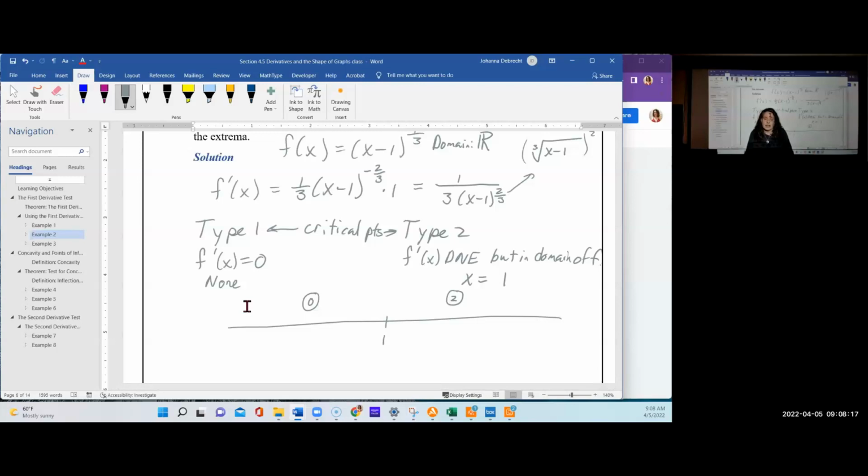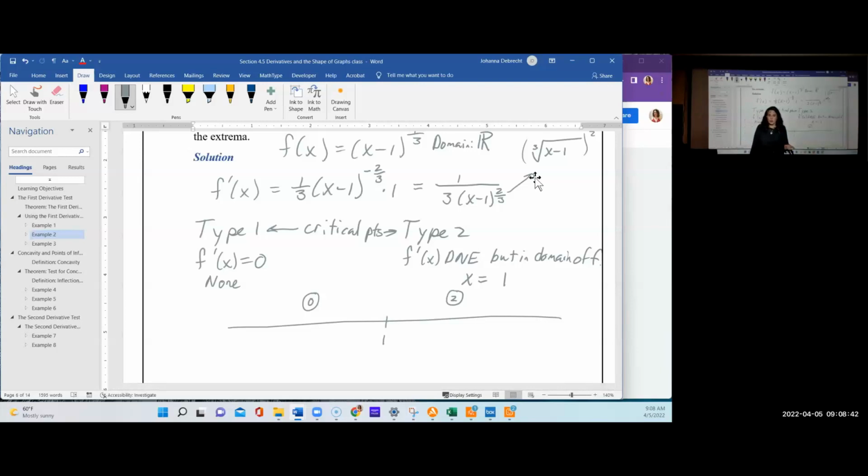We're looking for the sign. Is it positive or is it negative? So when we plug it into the derivative, notice what happens because of the format of the first derivative. This is a cube root which is being squared, and since it's being squared, what does that tell you about the sign? It will always be positive.